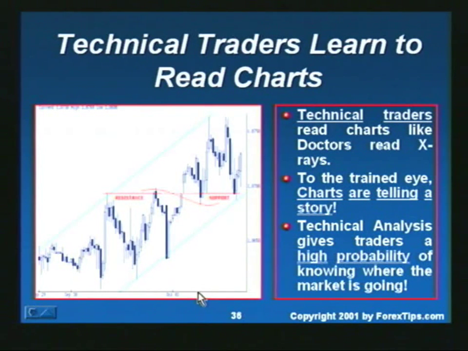And traders are human beings. And human beings are creatures of habit. We like to do things over and over again. Therefore, as we do things over and over again the same way, we become repetitive.